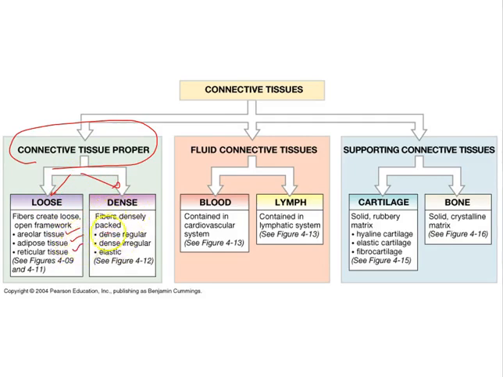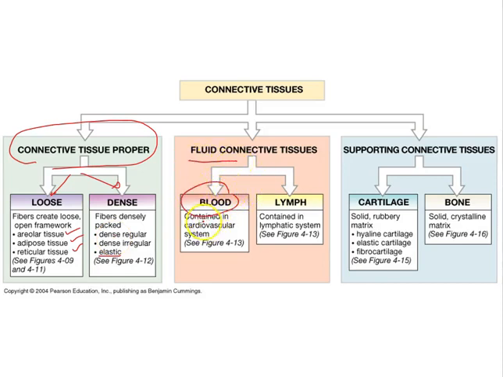And under the dense, we talked about dense regular and dense irregular connective tissue. The elastic connective tissue, which is going to be under the dense connective tissue, is only composed of elastic fibers. So we have compact elastic fibers in this type of connective tissue. Let's go over the fluid connective tissue, blood.